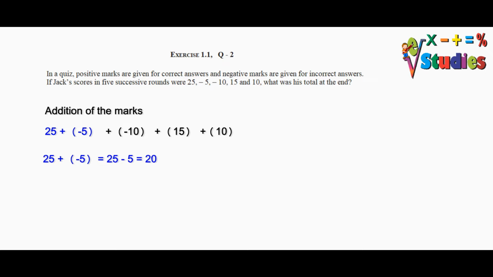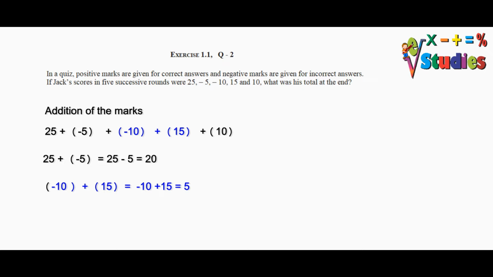Because we have got one integer positive and the other negative, we need to perform subtraction on them, and therefore 25 minus 5 will give us positive 20. Next we will take negative 10 and positive 15, and again we have got one integer negative and the other positive, therefore we'll need to do subtraction, and that will give us positive 5.